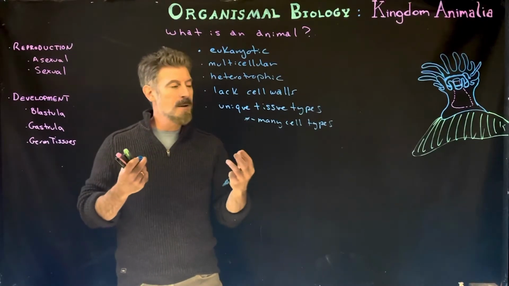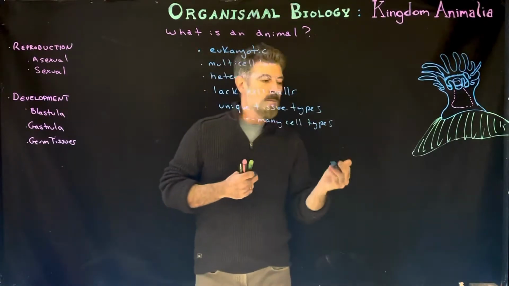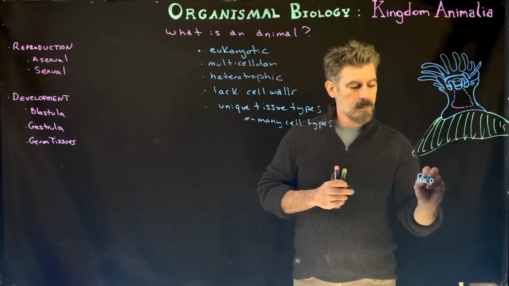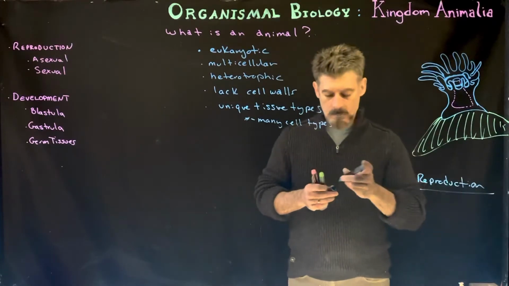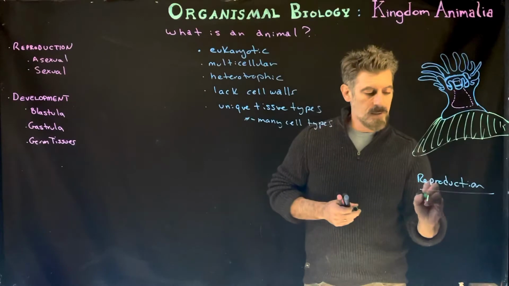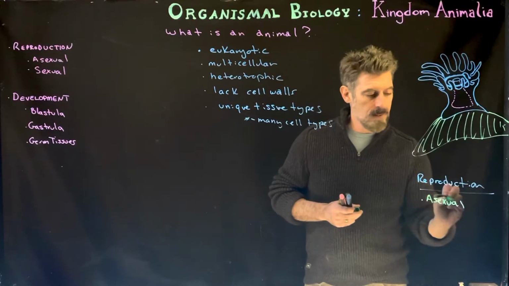So first we'll talk about what are some of the big picture differences that they have. So one would be with reproduction. And first, we'll talk a little bit, just briefly, about asexual reproduction in animals.